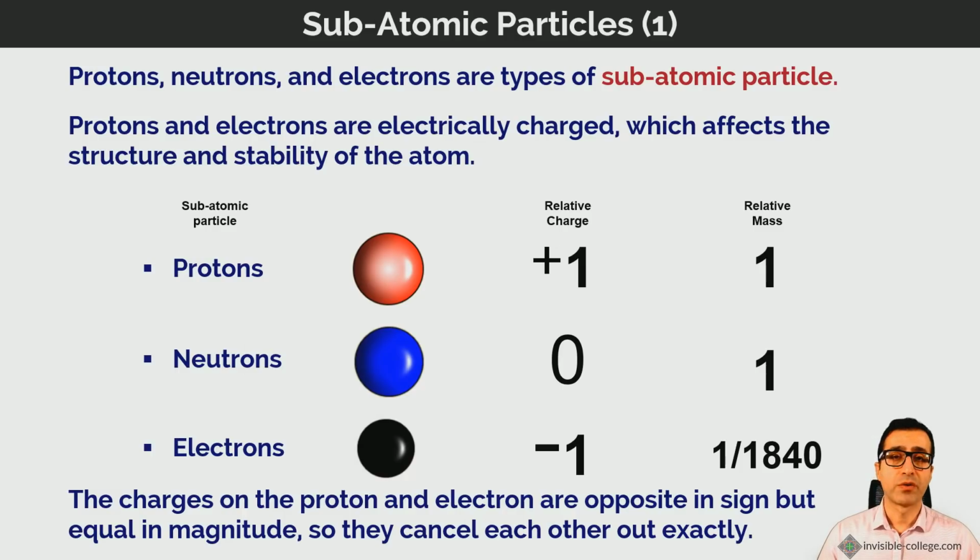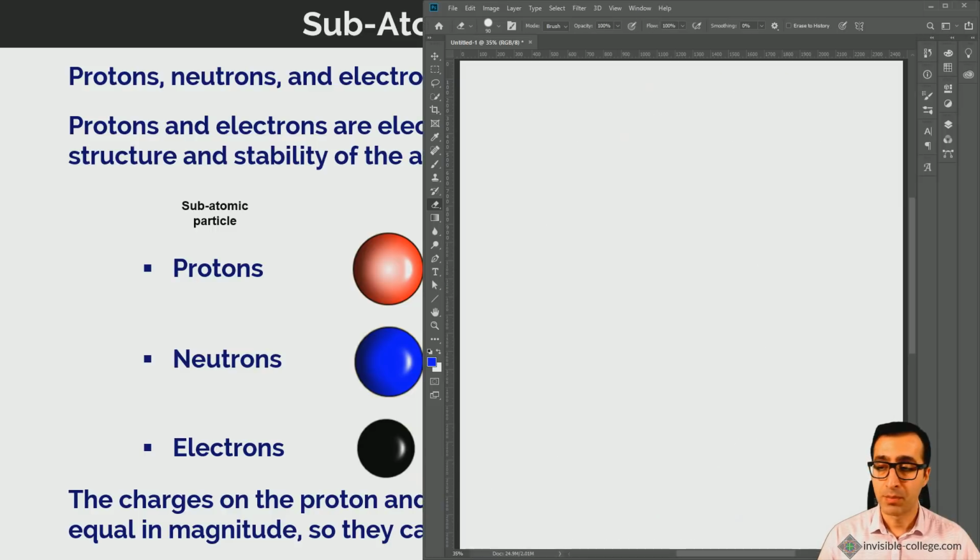Now, before we go any further about subatomic particles and the structures of atoms, let's take a closer look at just why we use these relative atomic units of mass and charge rather than standard units of charge, which would be coulombs, and of mass, which would be kilograms. The masses and the charges of things like protons, neutrons, and electrons have actually been determined to a very high degree of precision by experiments.